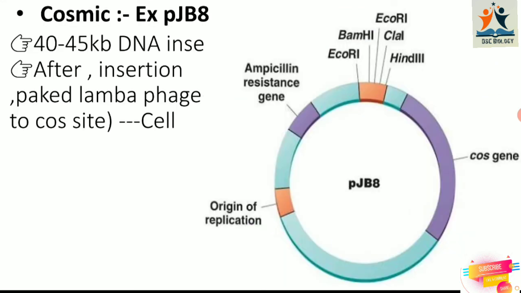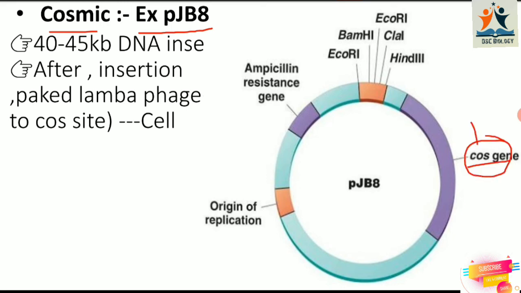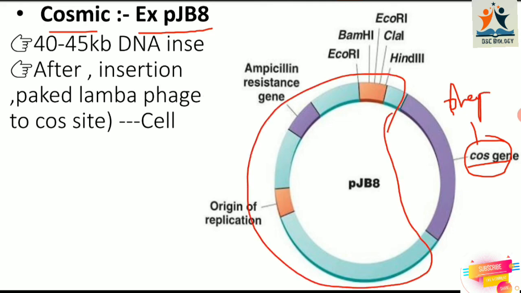Next is the cosmid, for example pGB8. The cosmid is made up of the cos gene, and this cos site is from the phage, while all the other regions are from the plasmid.